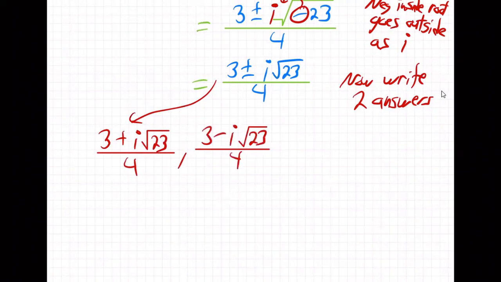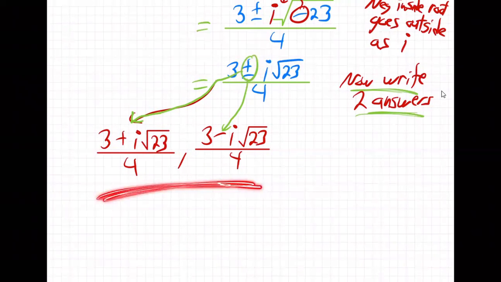Sure enough, there we go. So we just took the plus and minus, and we did the plus and the minus. That's right. So we always finish by writing the plus or minus, which is shorthand notation. We write it longhand. We write the two separate answers, and that's it. We're done right there. We have to type it in just like that.